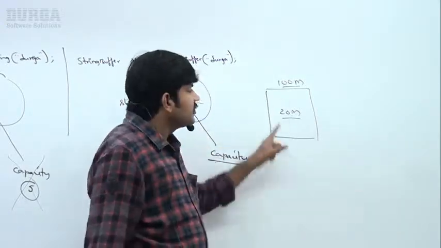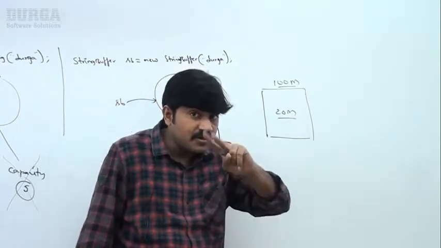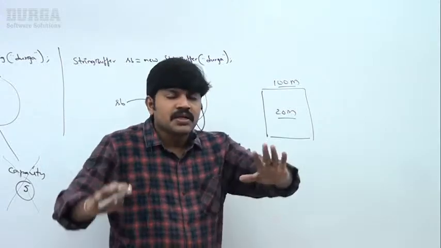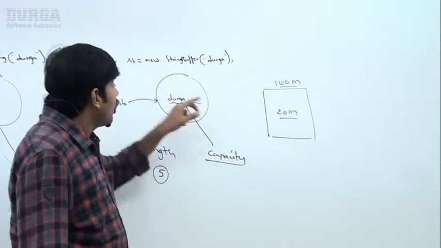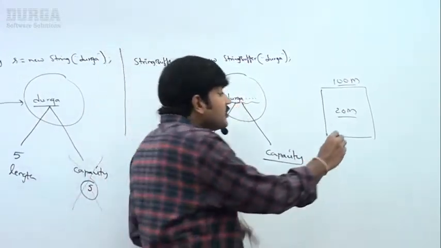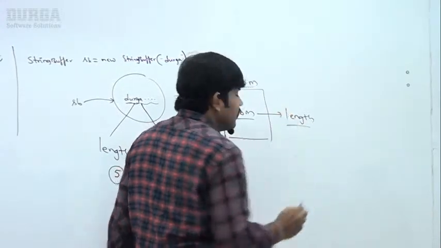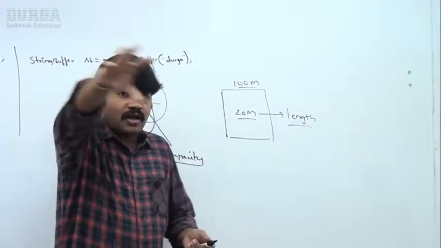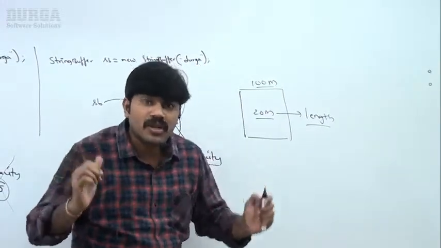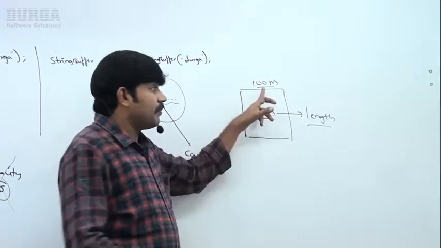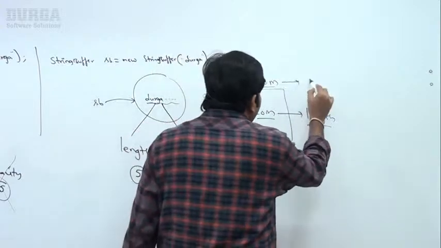If it is a StringBuffer, what is the length and what is the capacity? Length means currently how many students or characters are there: these 20 members are the length. Total how many members this classroom can accommodate is 100, and that 100 is nothing but the capacity.